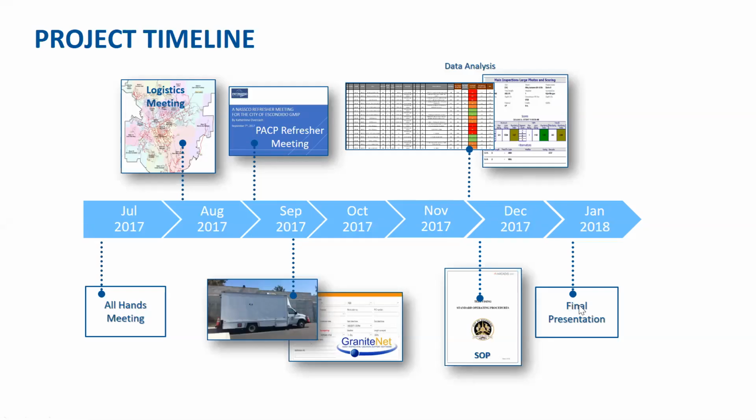So what we have here, this slide, is to help us illustrate those critical milestones that were accomplished for the City of Escondido. We can see this effort started in early July, where it was identified that there was a need for a gravity mains inspection program, which was followed by a logistics meeting, a PACP refresher meeting, and then the field work, which started in September.